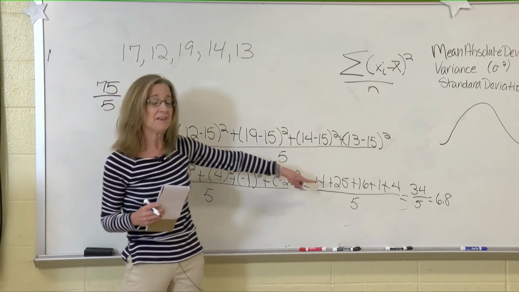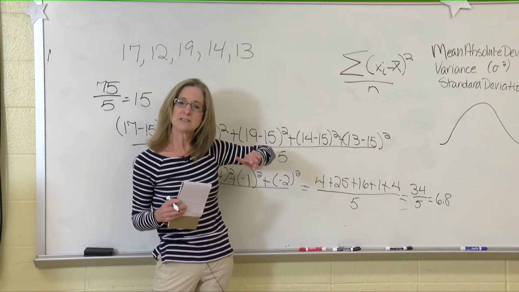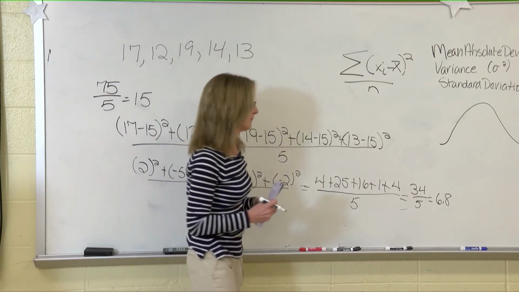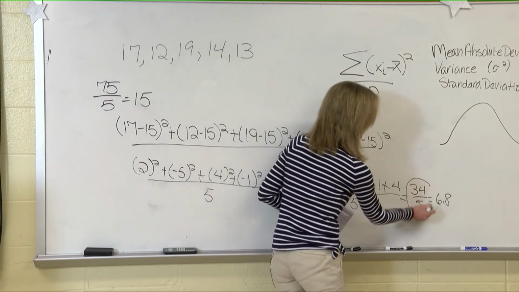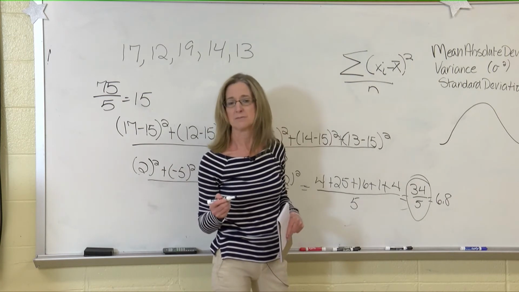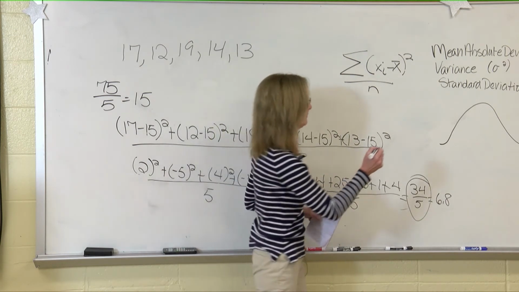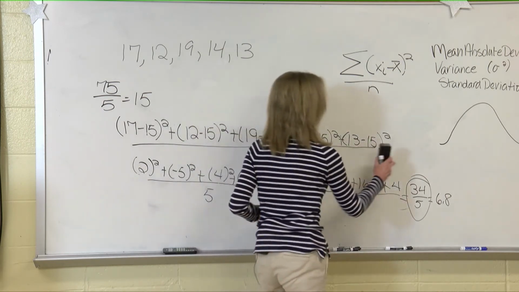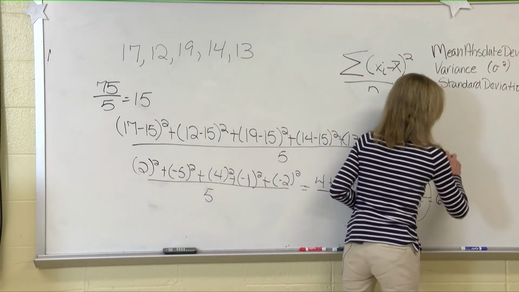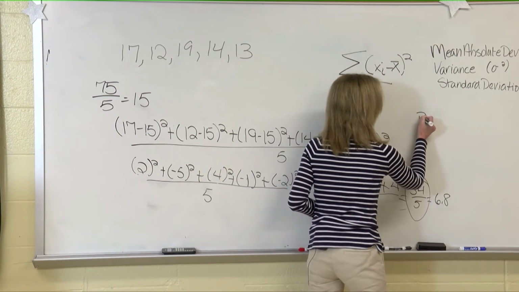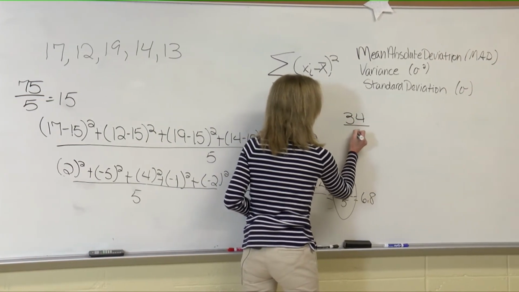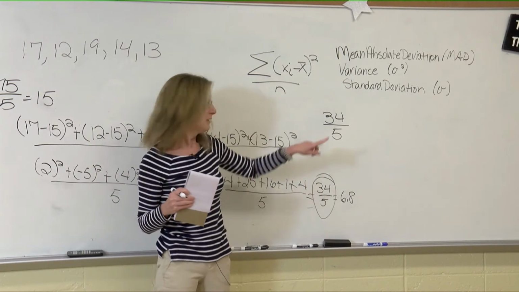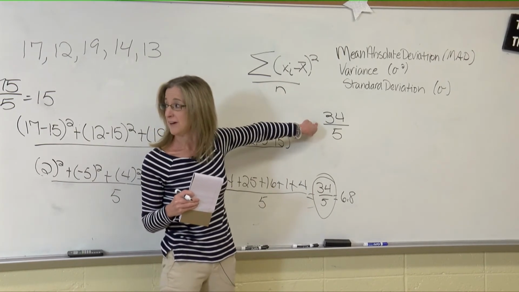Now, once I get this, there's only one more step to find my standard deviation. I take this number right here, the variance, that 34 over 5, and I want to make sure I don't round too soon.